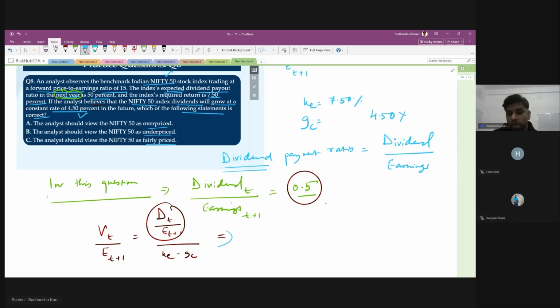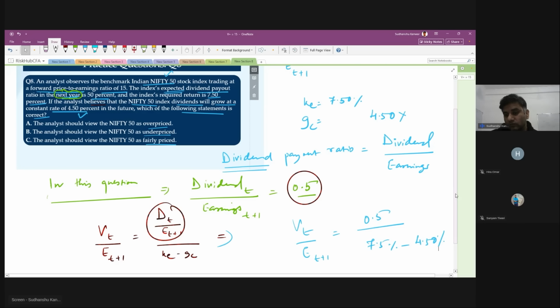Again, V_T by E_T plus 1 is equal to 0.5 divided by (Ke minus Gc). And what is Ke? Ke is 7.5%. Gc is 4.5%.